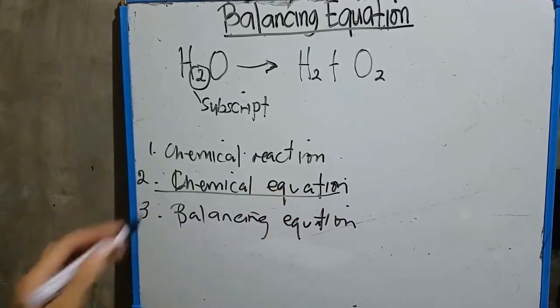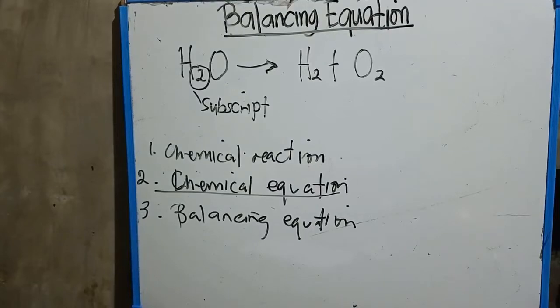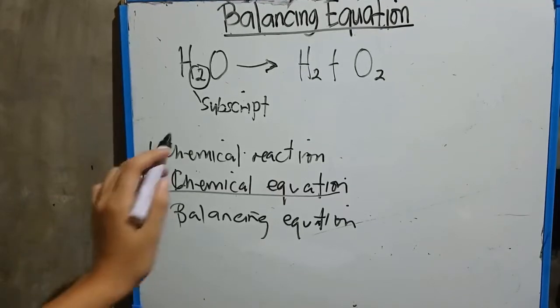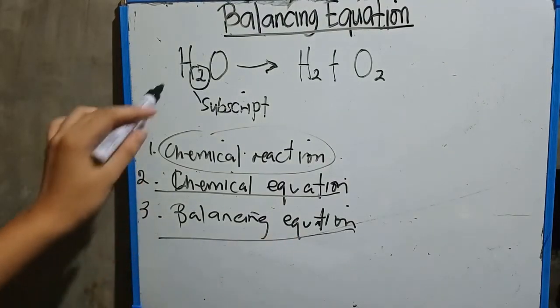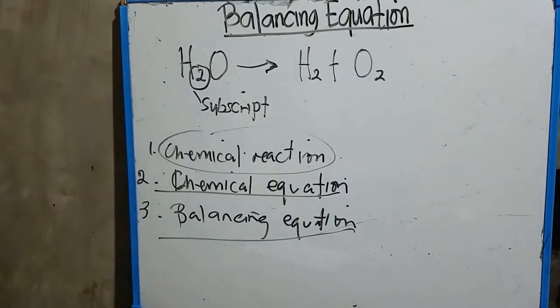This chemical equation shows how chemicals react, or how they combine or decompose. This is what happens during the reactions. Either they decompose or they combine. And the balancing equation shows how to balance the chemical equation.